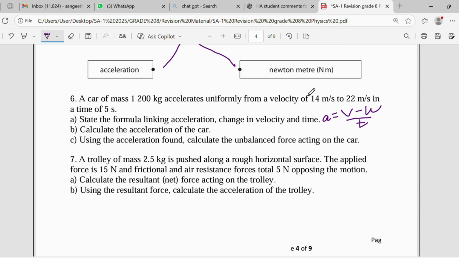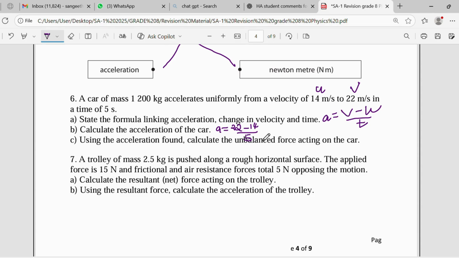So initial velocity u would be 14 meter per second and final velocity v would be 22 meter per second. So the calculation for the acceleration: a equal to the final velocity 22 minus 14, divided by the time.